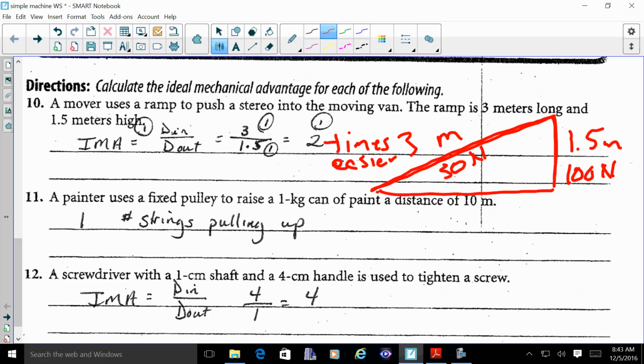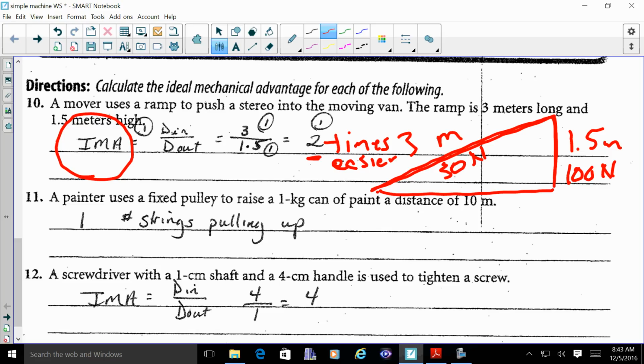If you're doing a pulley, remember this from in class, we had a pulley system here, and we're lifting a block here. The number of strings that pull up is your ideal mechanical advantage. So in this case, you have 1 string that pulls up on that.